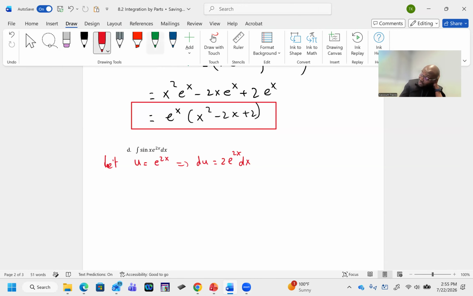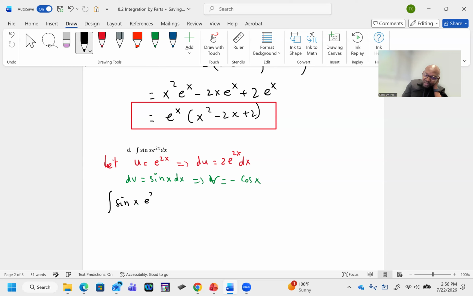And let dv be sine x dx, so v will be what? Negative cosine of x.